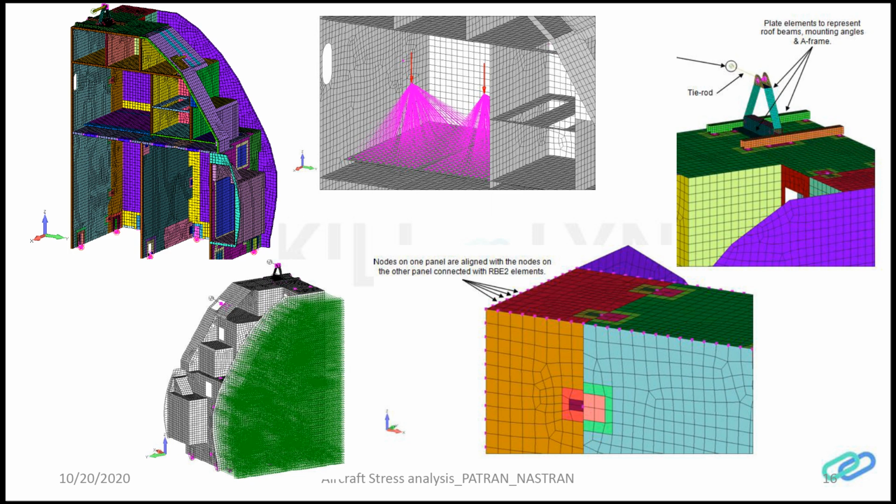They also have glued connections called tongue and slots, which is like mortise and tenon joints. It is basically something like gluing together. So that glue is idealized as RBE2 elements. I have glued all the 6 degrees of freedom of one panel to the other. That means they stay intact.